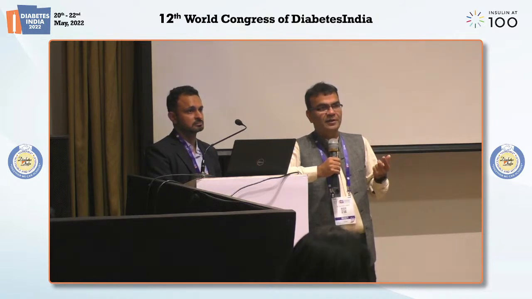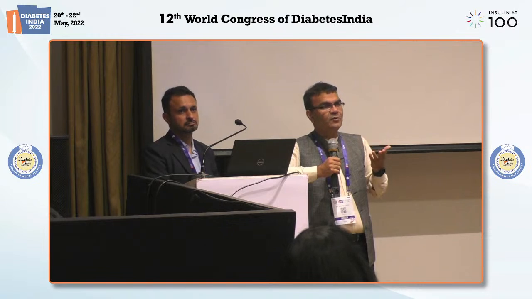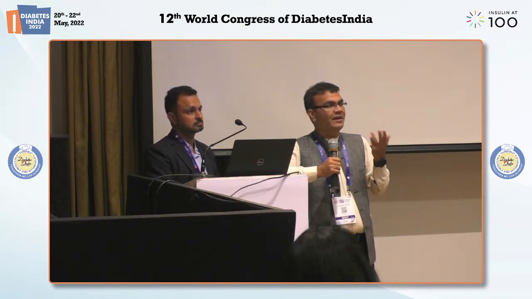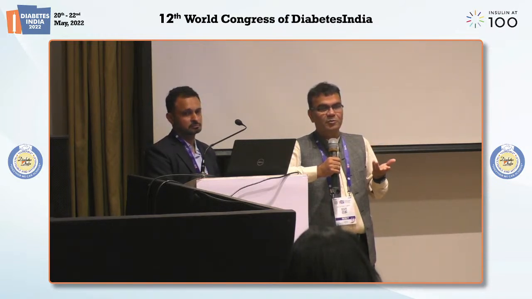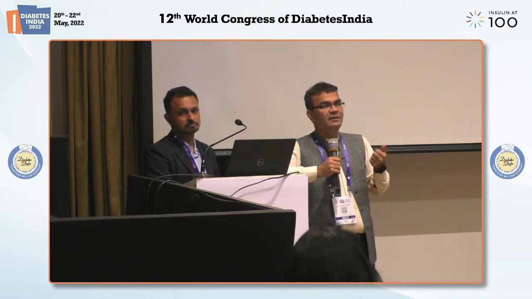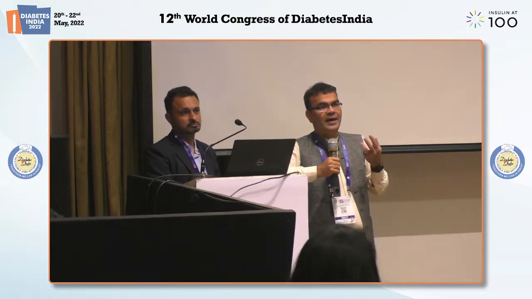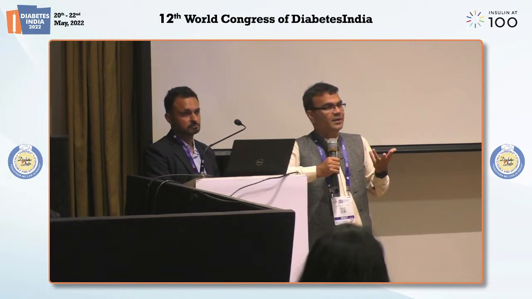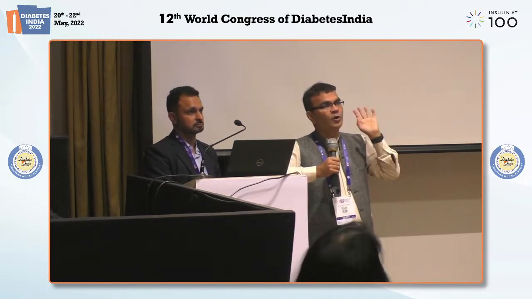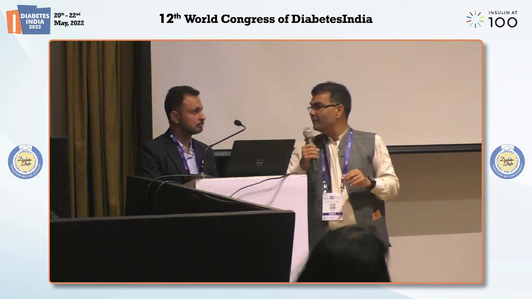You can write to RSSDI. We have type 1 support from RSSDI. You can write directly to me also. We have the Life for a Child project. They can also support you. And we already have arrangements with Biocon, with Wockhardt, and with Sanofi. They will all give the insulin directly through you to your patients. So that much I can tell for that.